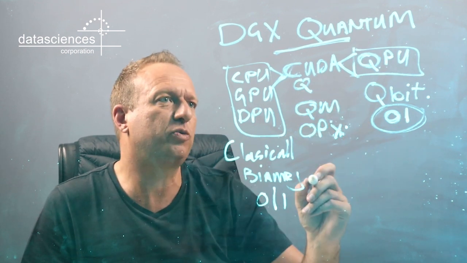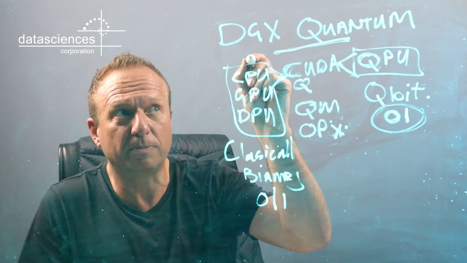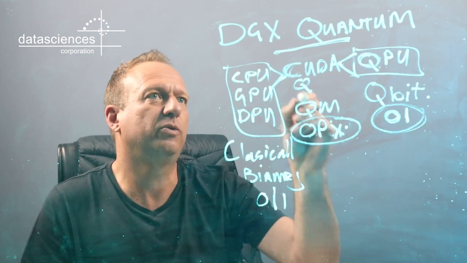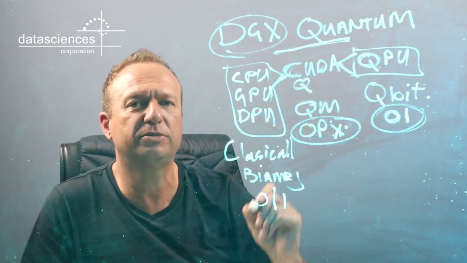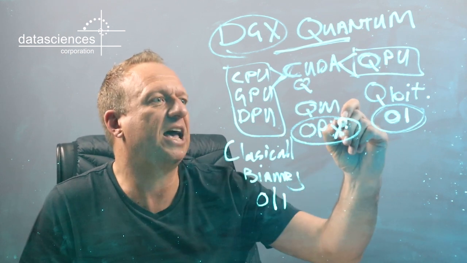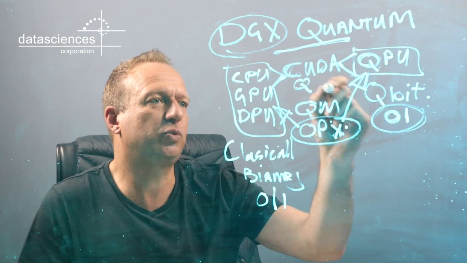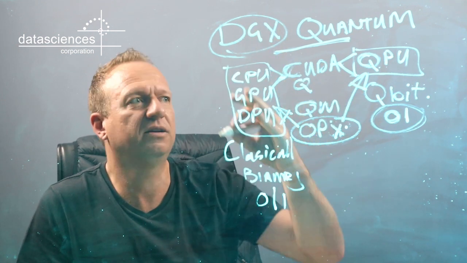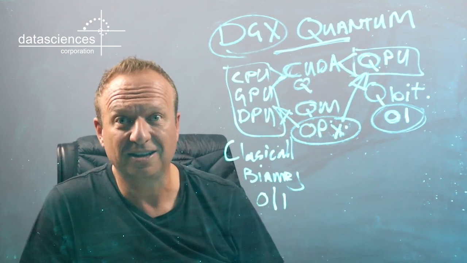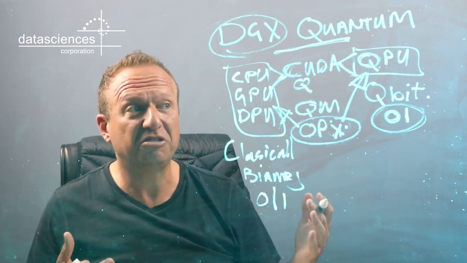So effectively what we're doing is we're taking a DGX supercomputer, we're pairing it with the OPX, which is the quantum machine interface, and allows us now to bridge the gap between classical computing and quantum computing. First of its kind. Really interesting.